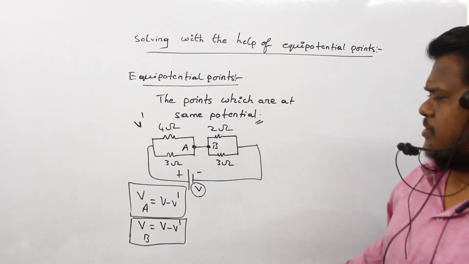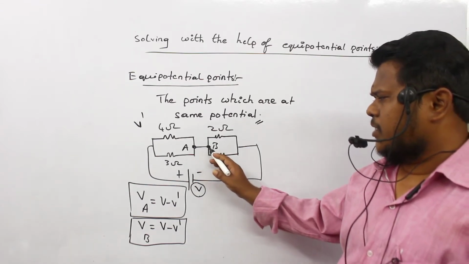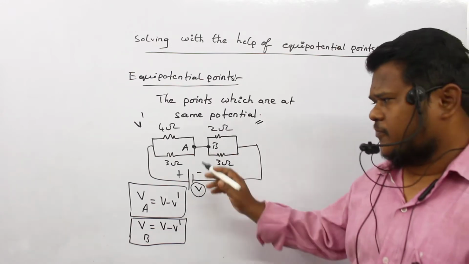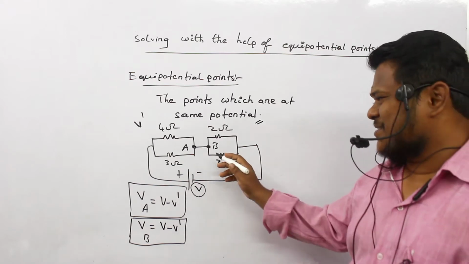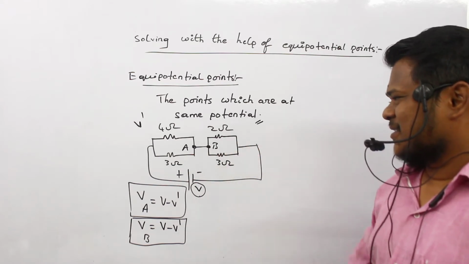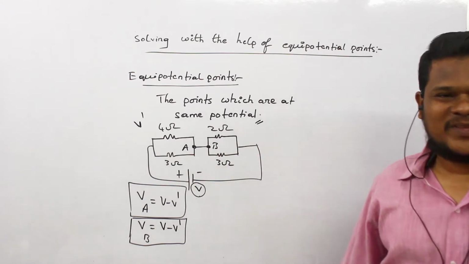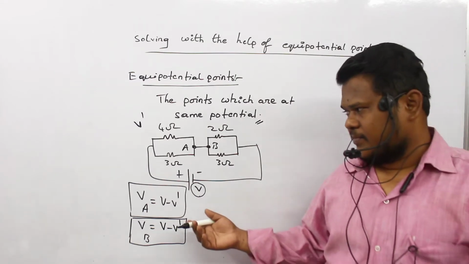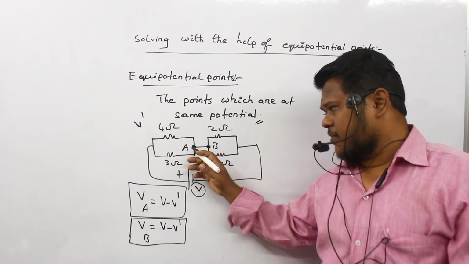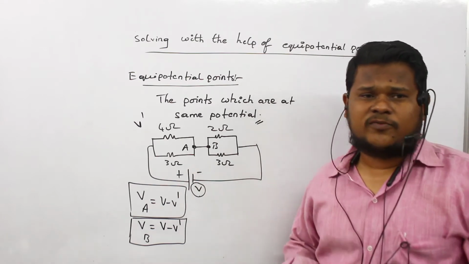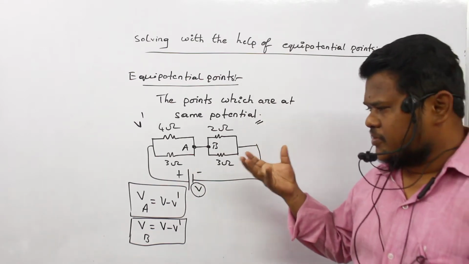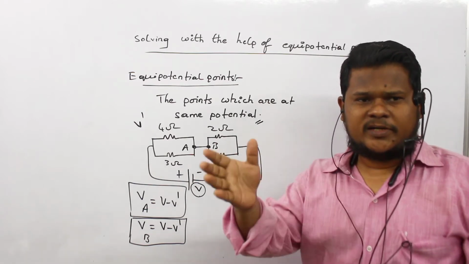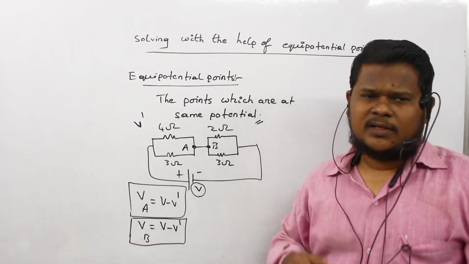How can I say this? Between A and B current is flowing. Current is definitely flowing between A and B. If current doesn't flow, how can current flow in the 2 ohm and 3 ohm resistors? So between A and B, there is no consumer of voltage. There is no component which requires energy for charge to flow through it.